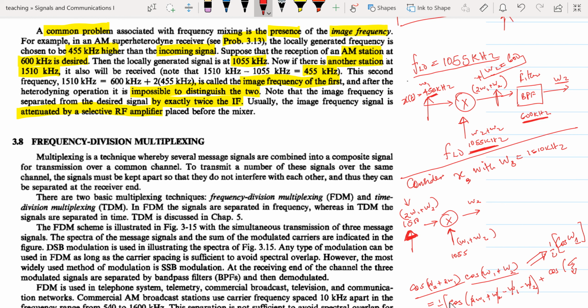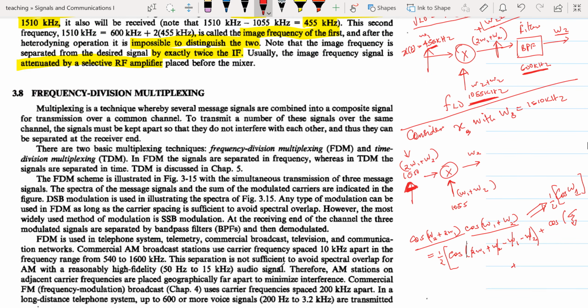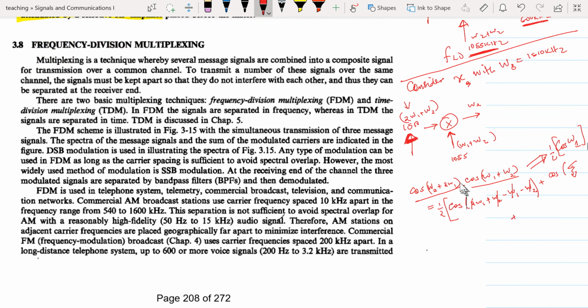And when you perform the cosine multiplication, the first term, that is of cosine A minus cosine B, like we did, is going to leave you with one cosine term having a center frequency of omega 1, which was at 455.